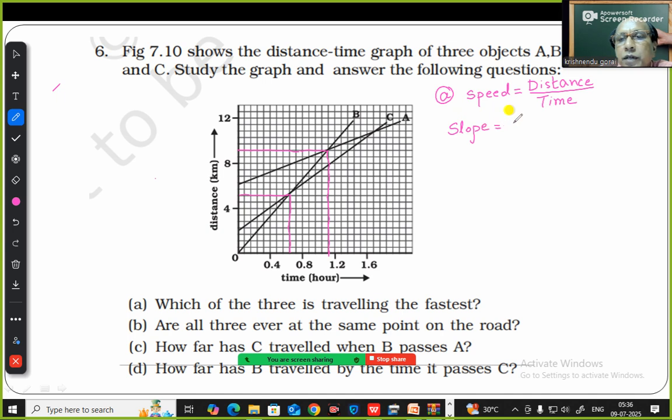We have to find the angle, tan theta, that is perpendicular by base.